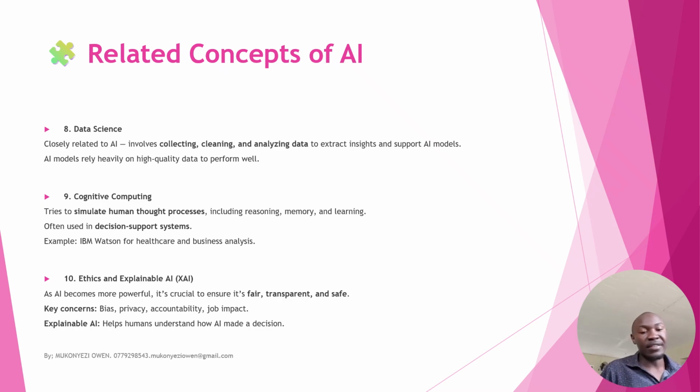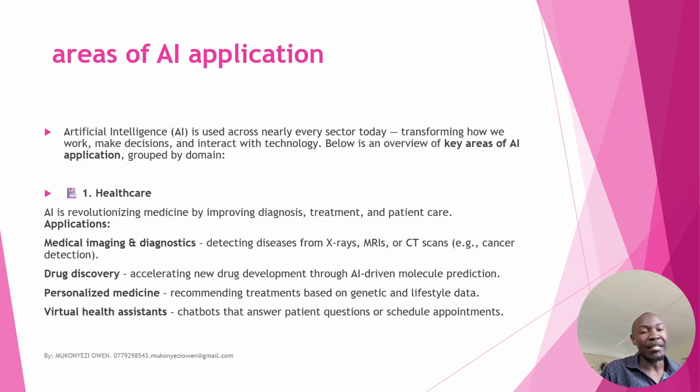We have ethics and explainable AI, which looks at the fairness, transparency and safety methods that we have to follow when we are using them. The key concerns here: bias, privacy, accountability, job impact, among others.